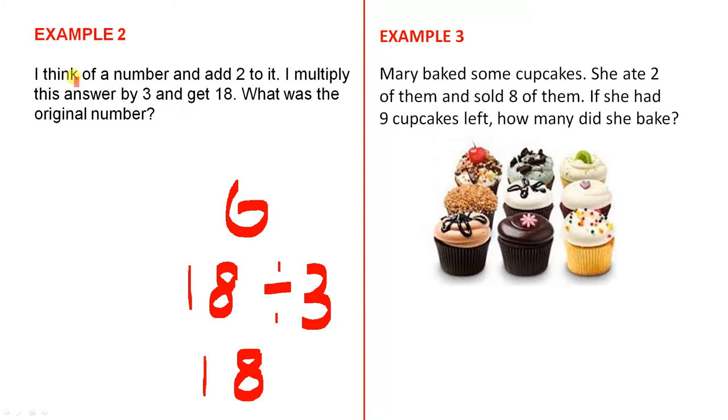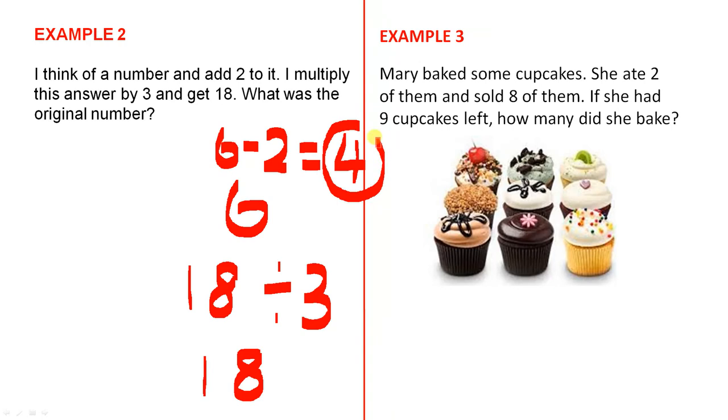It says here, I think of a number and add 2 to it. So when you thought of a number and you added 2 to it, you got 6. So if we go 6 take away 2, that gives us 4. And here is the answer. So 4 is the answer.